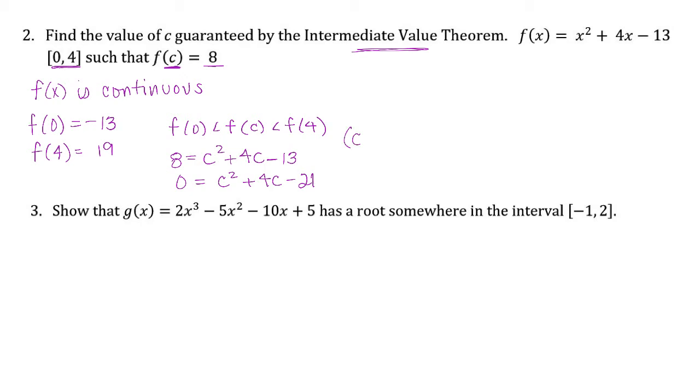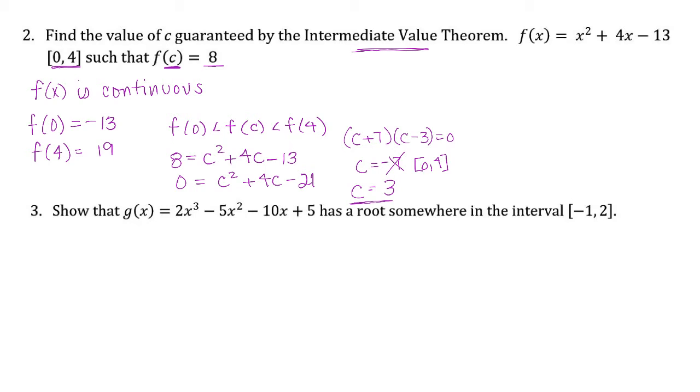When I factor this, I have a positive 7 and a negative 3, and when I solve for c, I have c is negative 7 and c is 3. However, negative 7 is not on the interval from 0 to 4, so that c value gets tossed. And so we have a c value of 3.